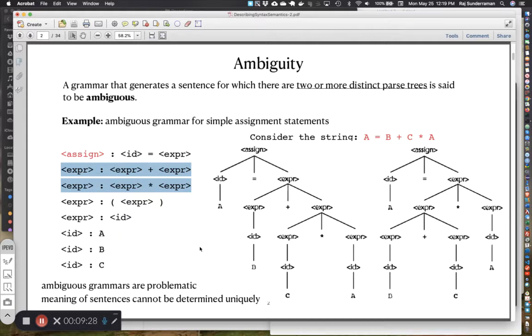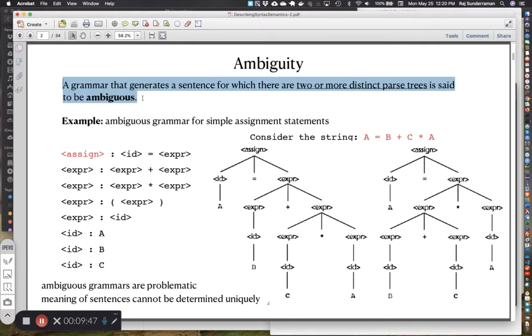Because it's so symmetric, you could choose either of the two rules and break that b plus c times a in two different ways. That's the reason why this particular grammar is ambiguous, and let's see why, more concretely, based on the definition up there.